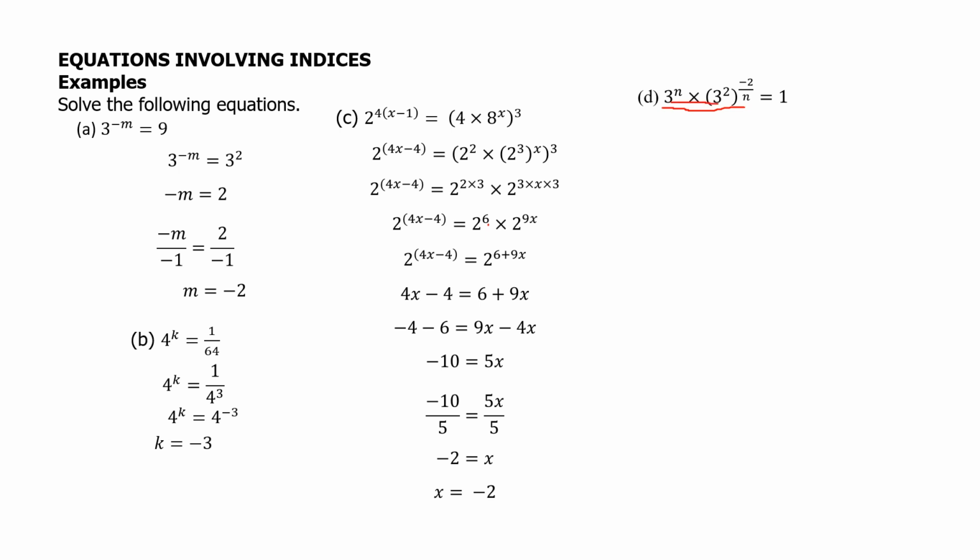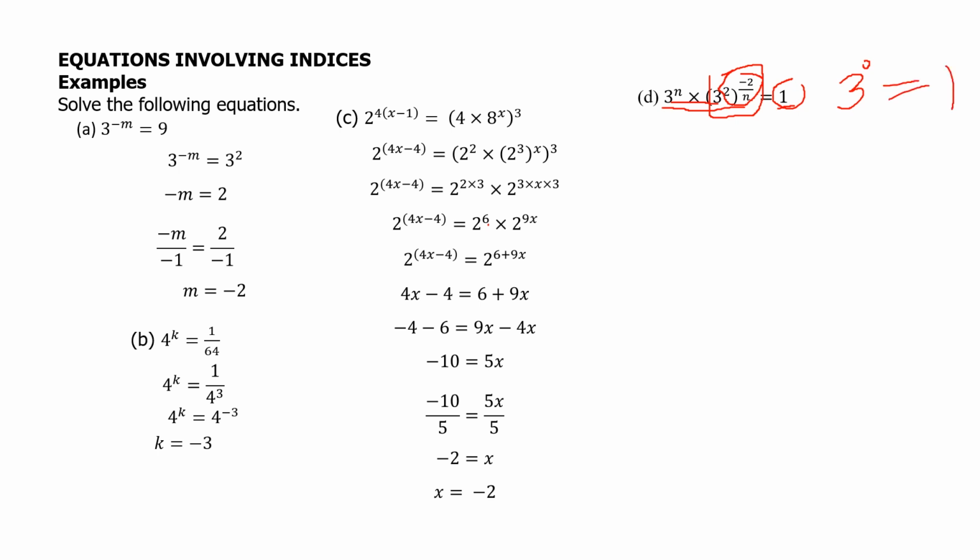So what we are going to do is first simplify this by multiplying these powers, and then we add the powers there, keeping the base as 3. But on this side, the 1, remember we said that any number power 0 is a 1. So our 3 power 0 is a 1.